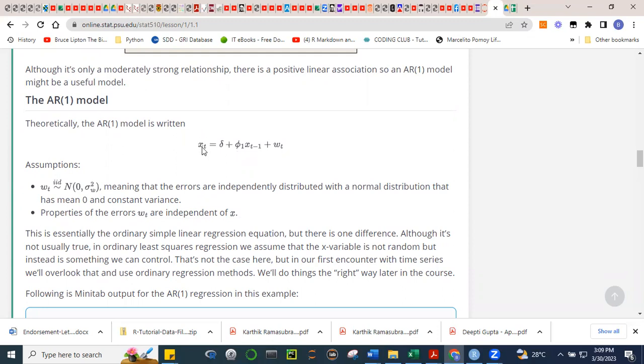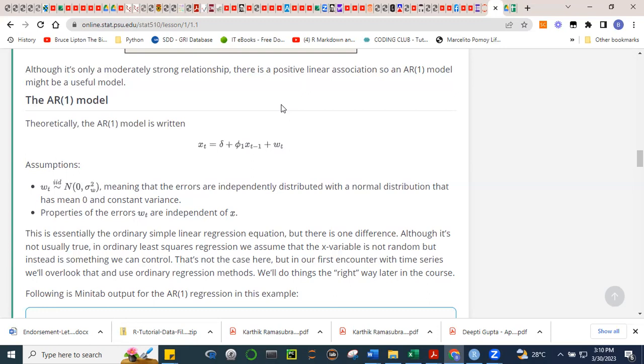In order to predict our x sub t, we have this intercept delta plus phi1, which is the coefficient of x sub t minus 1, plus w sub t. You notice that your model is based on the previous value of your series itself. X sub t minus 1 means it is of order 1.